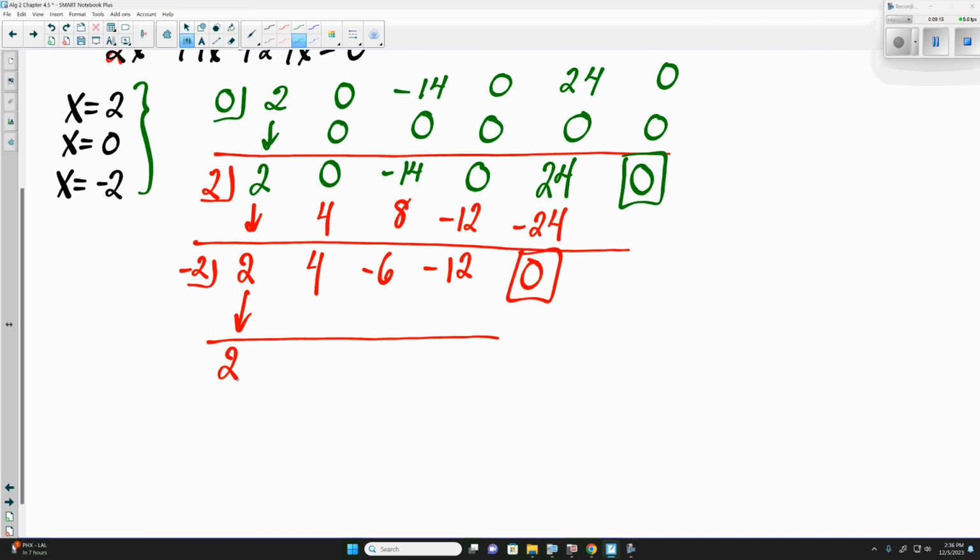Now, -2 times 2 is -4. 4 plus -4 is 0. -2 times 0 is 0. -6 plus 0 is -6. -2 times -6 is 12, and -12 plus 12 is 0.